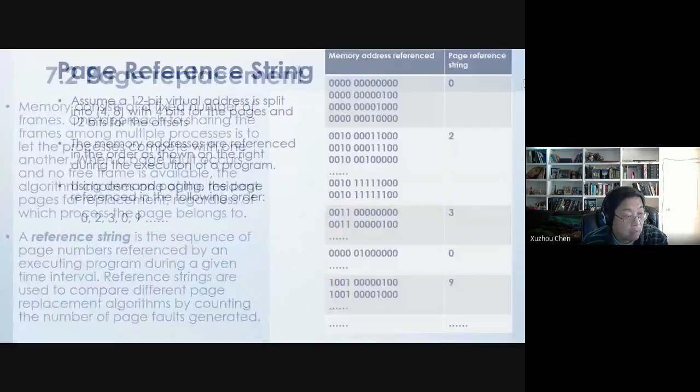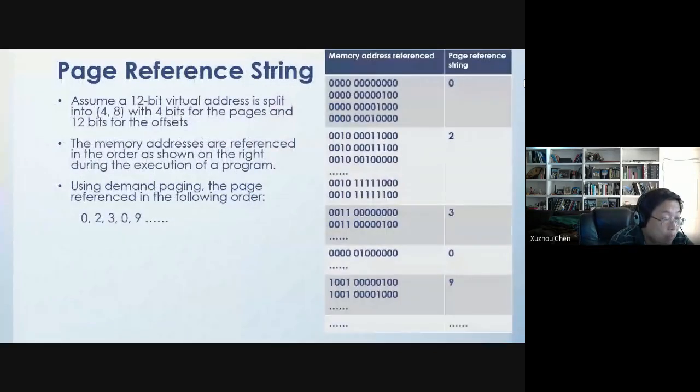Now this is a typical example of a page reference string. When you execute the instructions, this is the first virtual memory address we refer to. We use 4 bits for the page number and 12 bits for the offset.